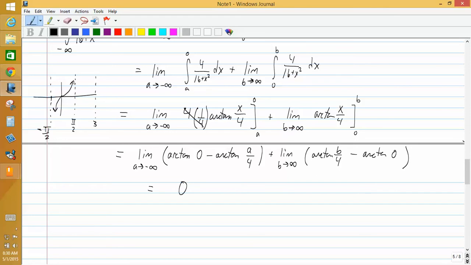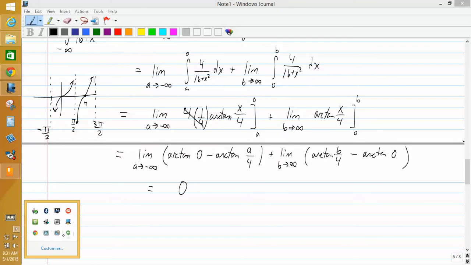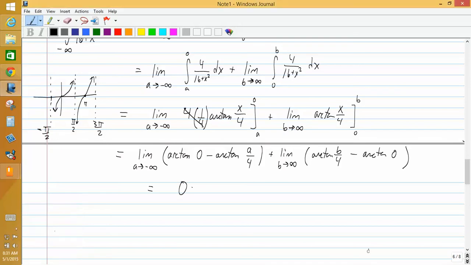It's going to cross here again at pi. Minus, all right, so the arctan of negative infinity.